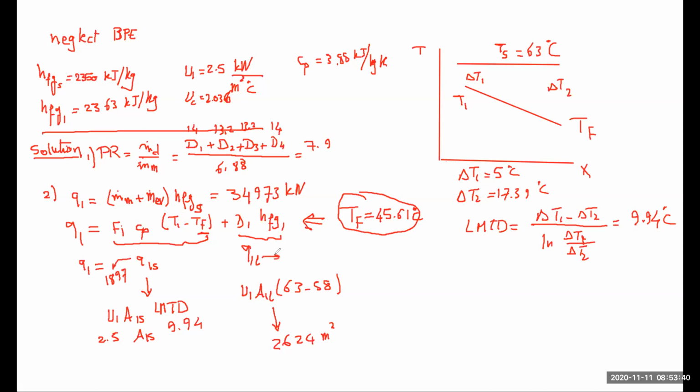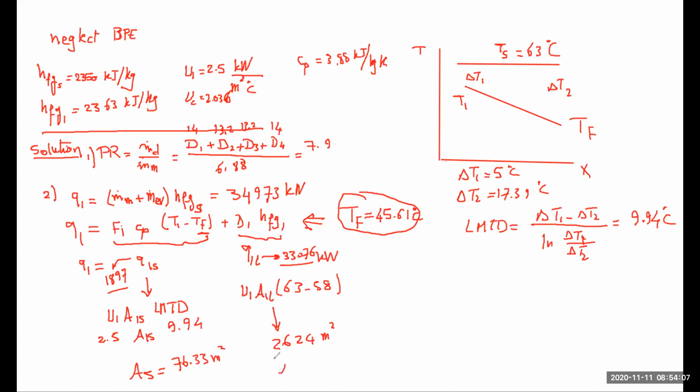Whereas Q1L is basically 33067 kilowatts, of course. So from here, we can calculate area sensible, which in this case is going to be 76.33 meters square.